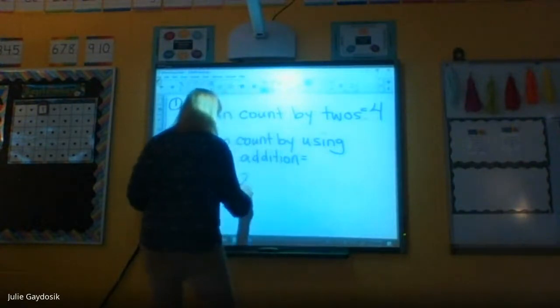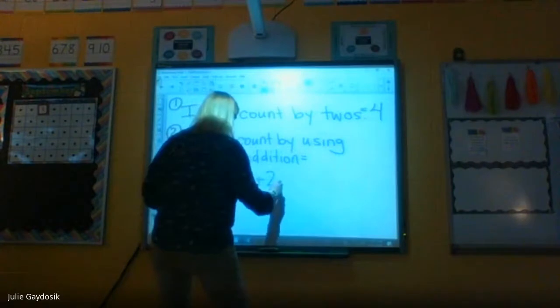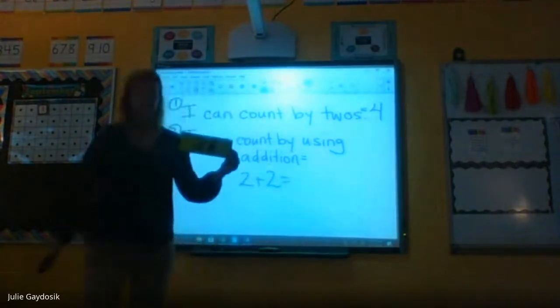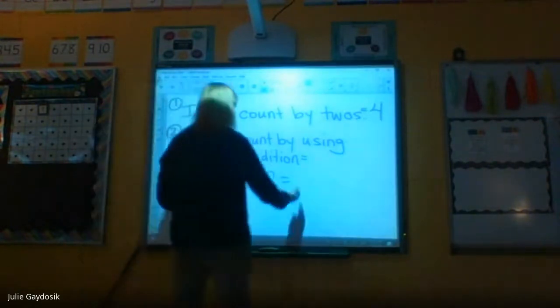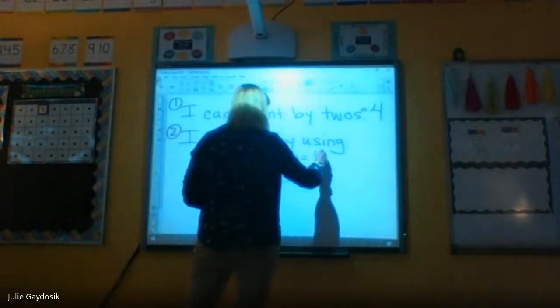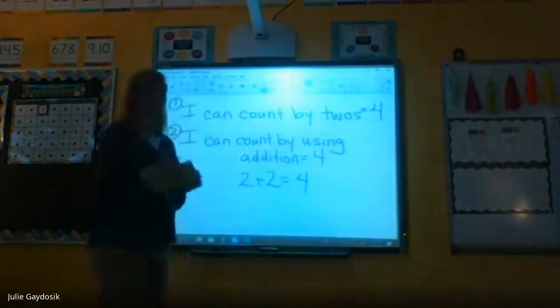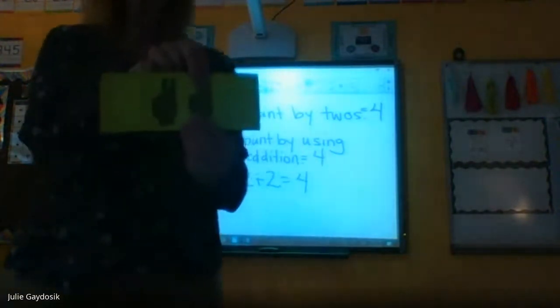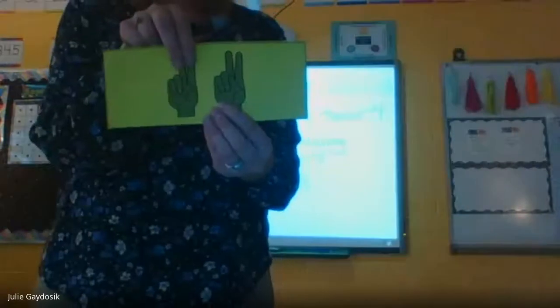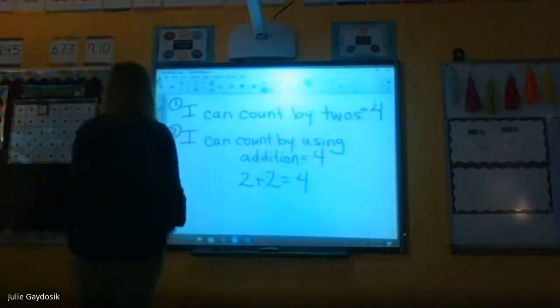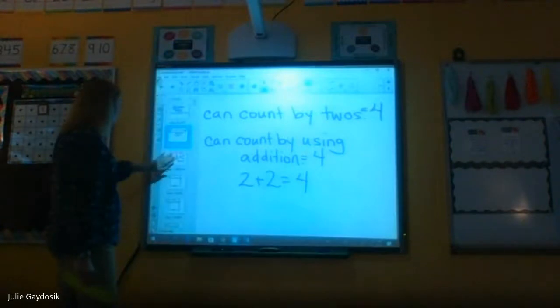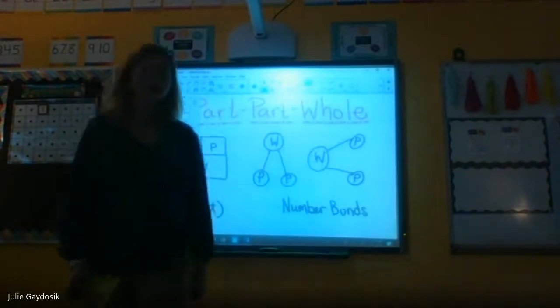What's 2 plus 2 equal, boys and girls? That's right, it equals 4. So I could count by twos, 2, 4, or I could use addition. 2 plus 2 equals 4. Perfect. Alrighty, now we're going to be moving on to something else.